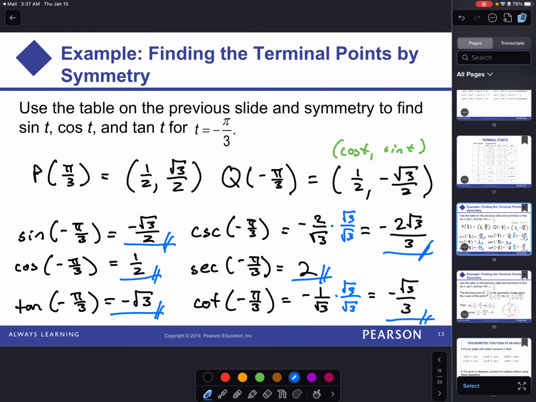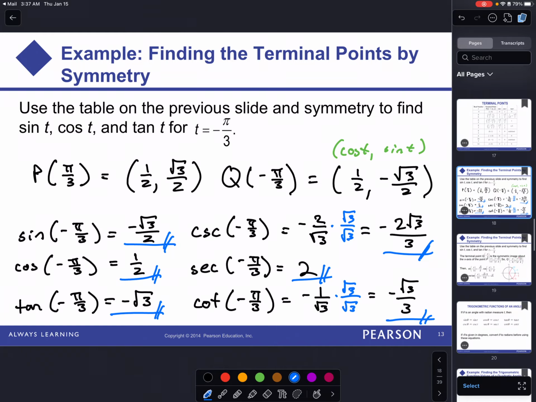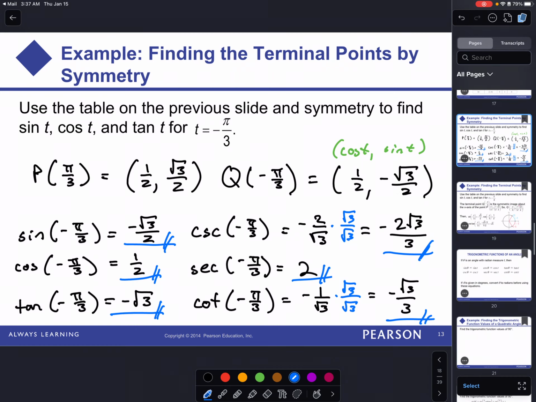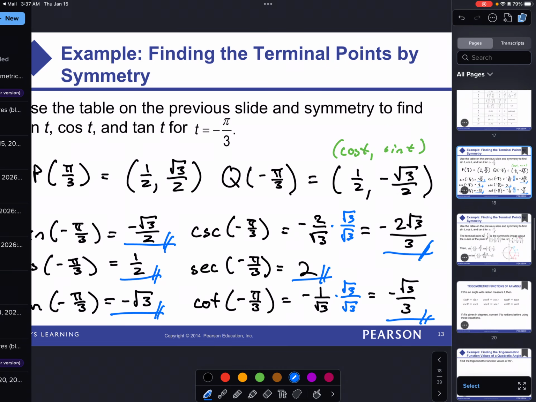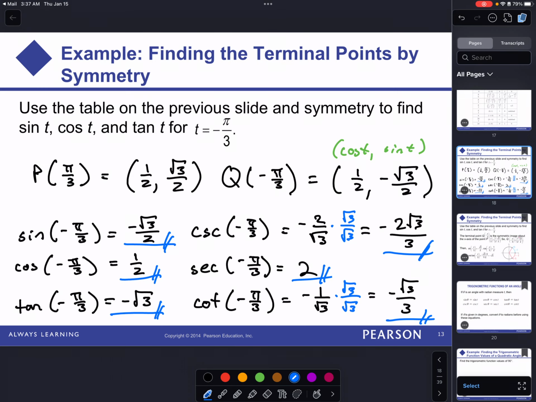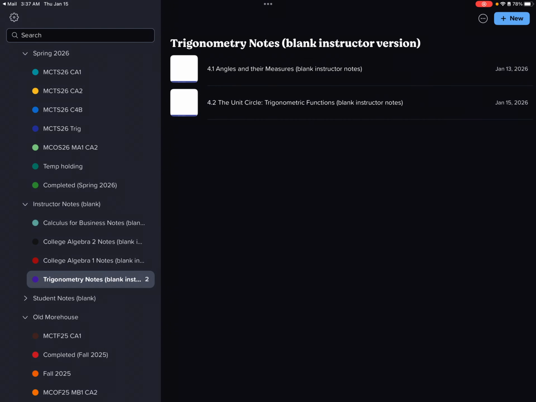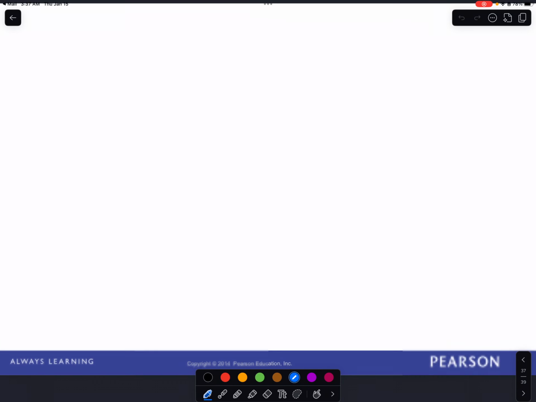Let me see if I can find this missing slide that I think we have.